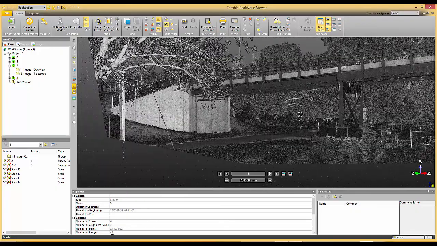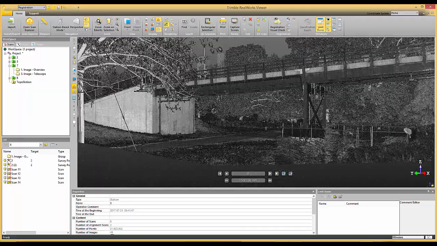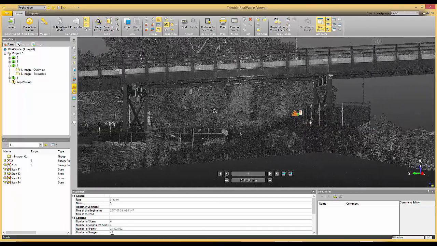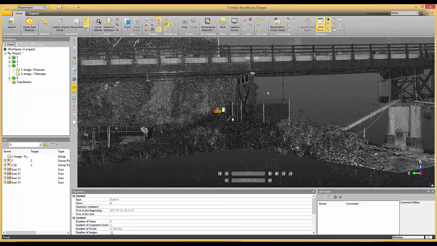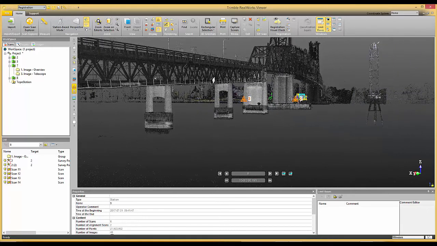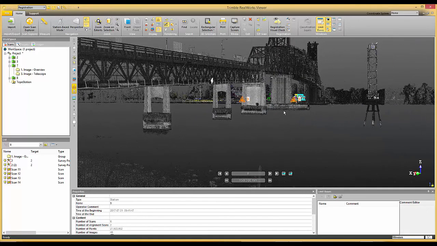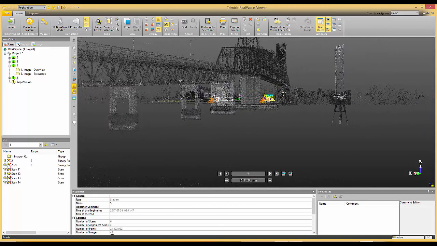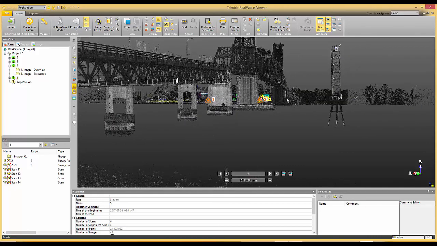And as you can see, perspective has no effect on those measurements, whether they're very close in this direction or from across all the way down to here, hitting all of these members of this bridge.